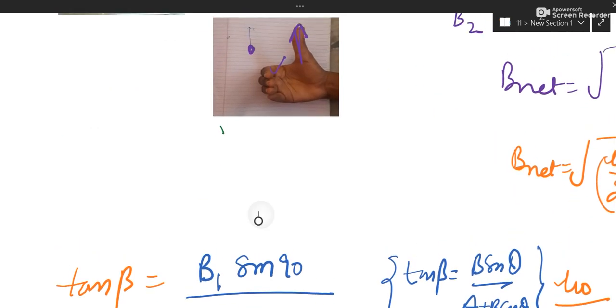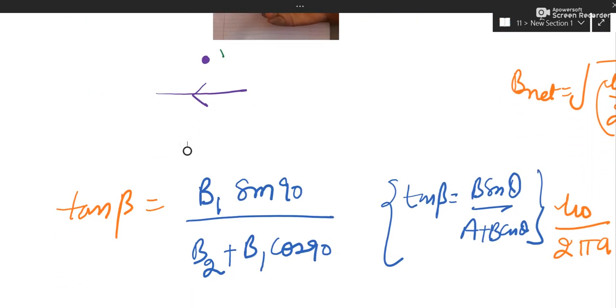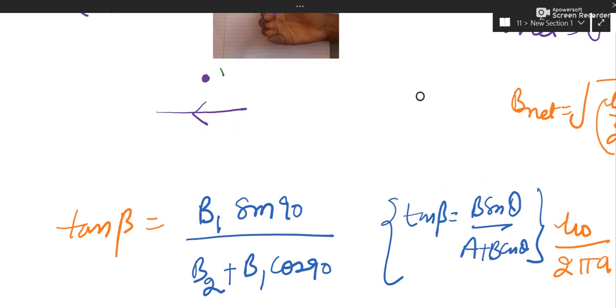Kindly please listen. This was your current, and this point is not in the laptop screen. It is like above. So this picture will suit it. This is current. And this is above. So if you make the fingers of your right hand reach there, fingers will point away from you.